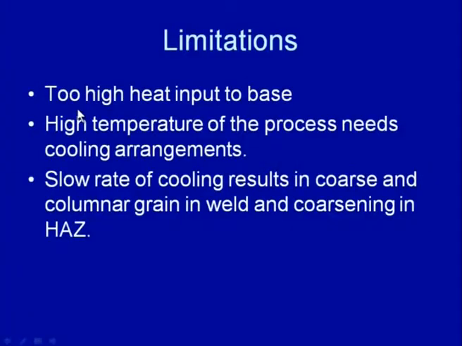At the same time, this process also has certain limitations, like too high heat input to the base material. Since the heat is generated by electrical resistance heating due to the flow of current through the molten flux, and the heat generated by the flux is transferred to the base material, and because of this slow process of heat being supplied to the base material, a lot of heat is required to melt it, and a huge amount of heat is supplied to the base material.